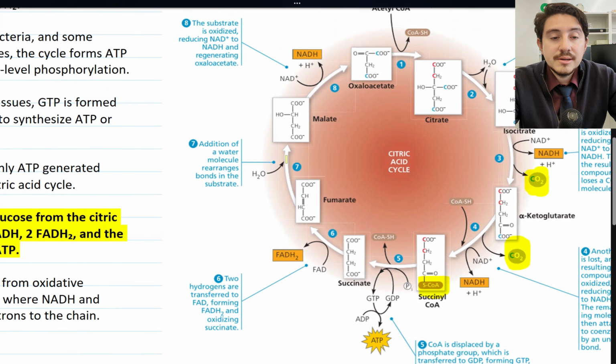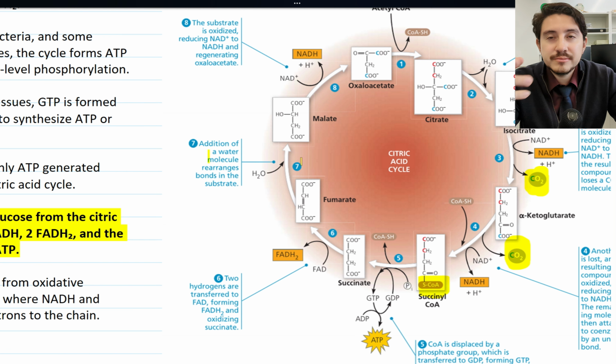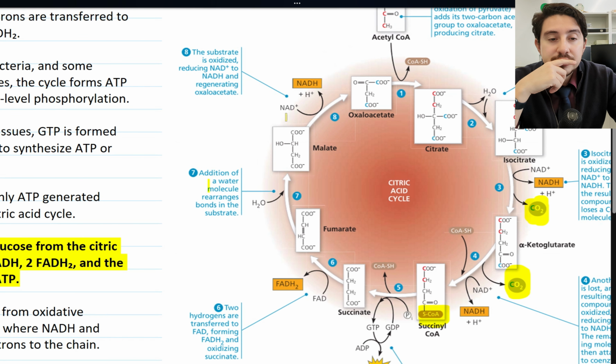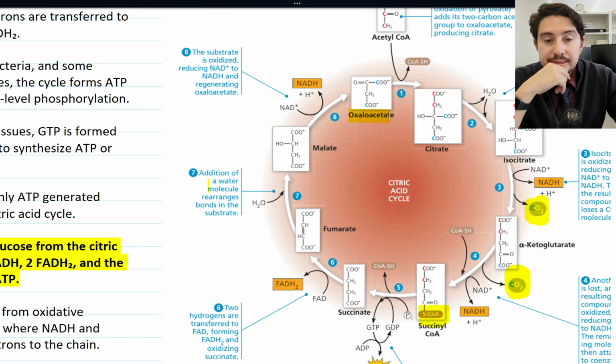This fumarate will then get hydrolyzed with water, or the molecules will restructure. In hydrolysis, they'll break the double bond here, and you have this next intermediate molecule called malate. This malate further gives the last set of electrons to NAD plus to produce NADH, and then you go back into oxaloacetate.